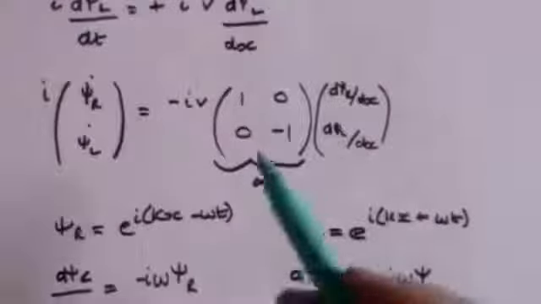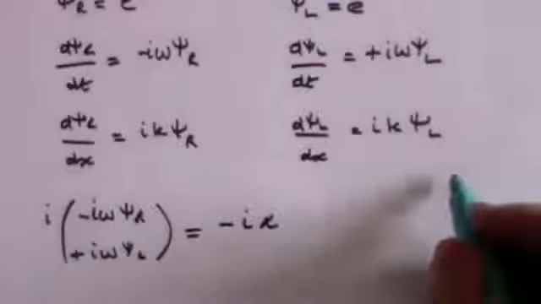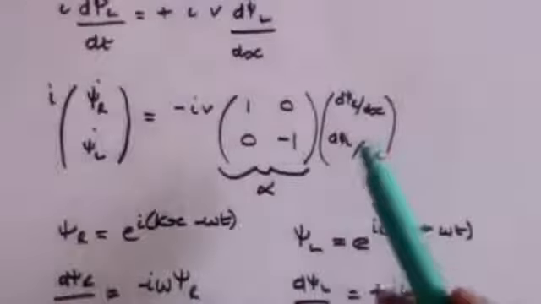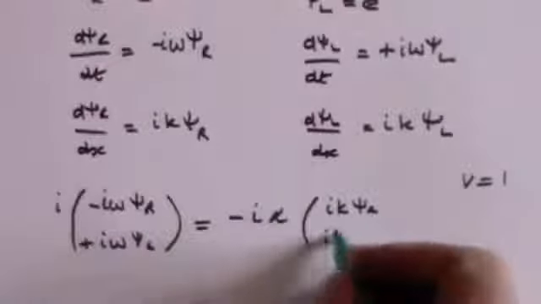Oh, there should be a v there, of course, but I'm going to set v equal to 1 to get it out of the way. So v equals 1, so I don't need a v there. So minus i alpha times these two terms here, which are ik psi right, ik psi left. Right, that's just rewriting the formula that we had above, but substituting the values that we have deduced en route.